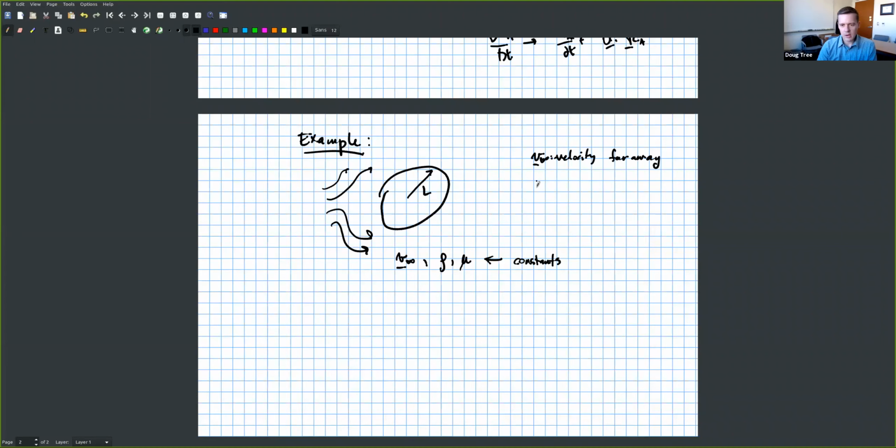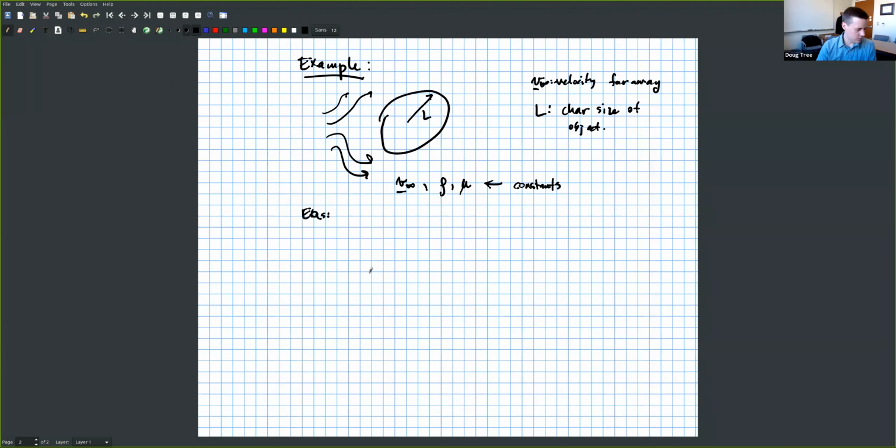And then L is the characteristic size of the object. Okay, so if it's a circle, that might be the radius or the diameter, right? We can pick.